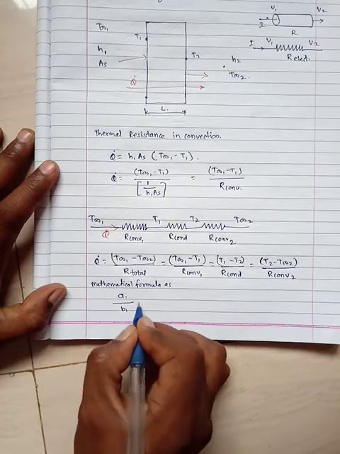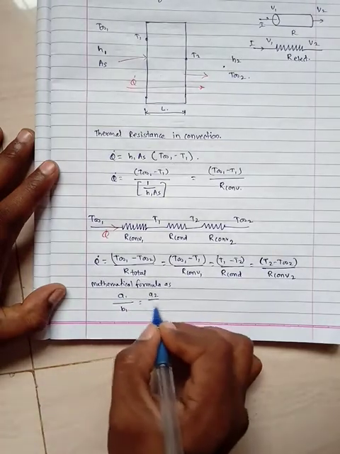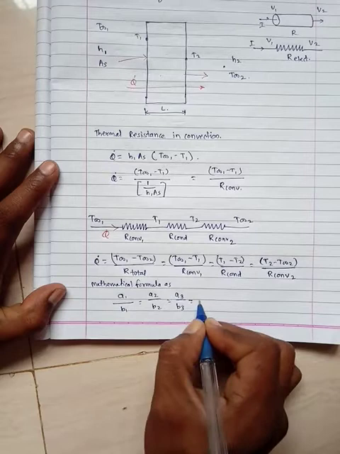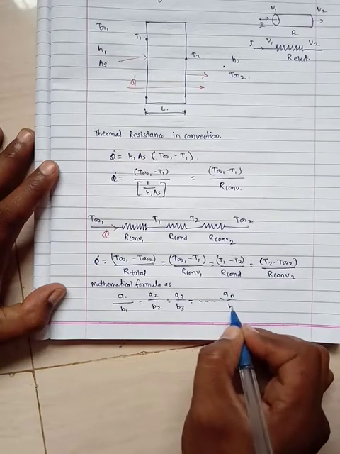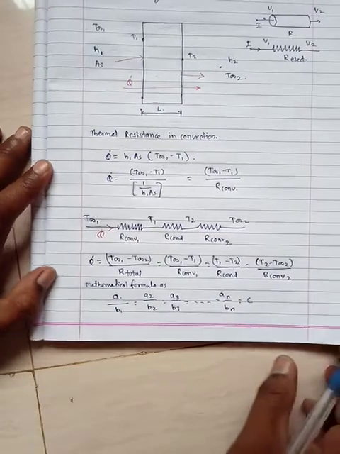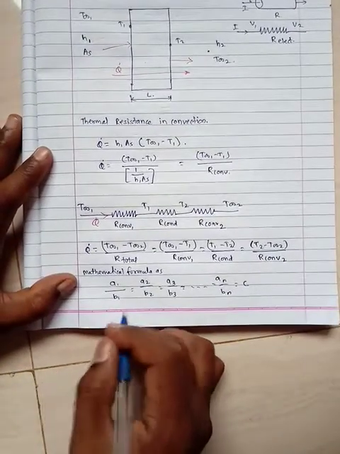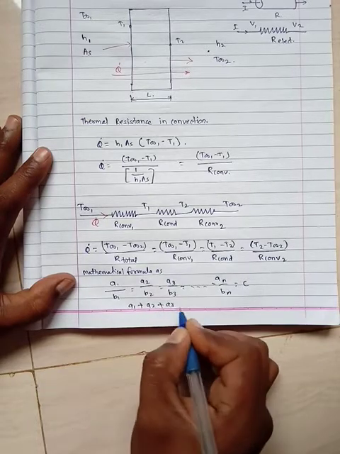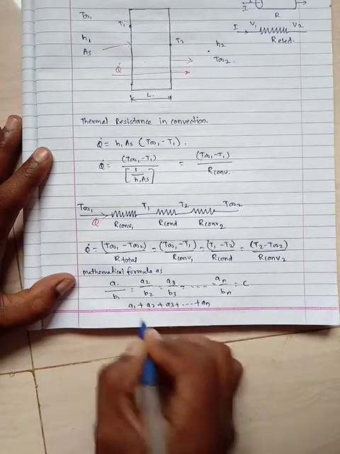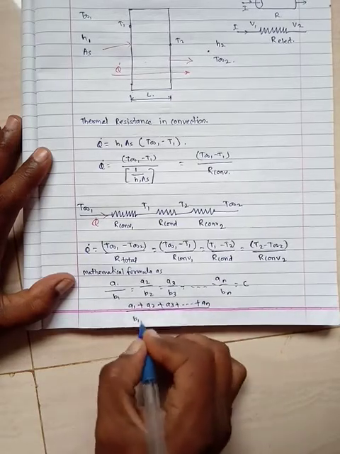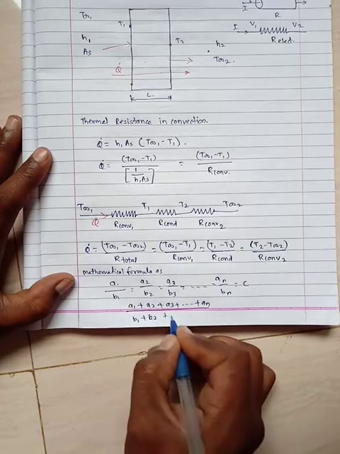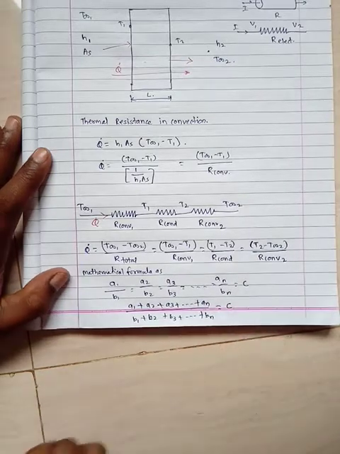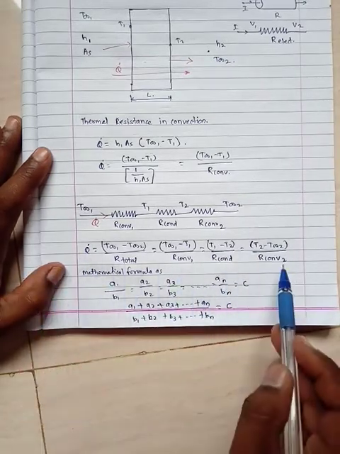A1 divided by B1 is equal to A2 divided by B2 is equal to A3 divided by B3 is equal to and so on up to An divided by Bn is equal to C. Then (A1 plus A2 plus A3 plus and so on plus An) divided by (B1 plus B2 plus B3 plus and so on plus Bn) is again equal to C. According to this formula, we find this equation.